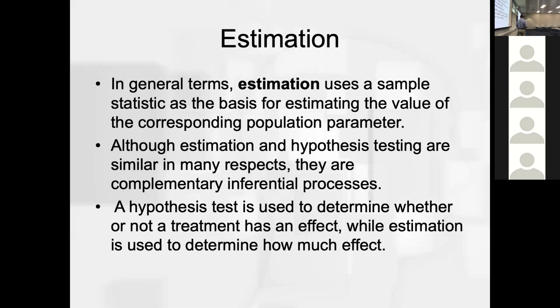So in general terms, estimation uses a sample statistic as the basis for estimating the value of the corresponding population parameter. Although estimation and hypothesis testing are similar in many respects, we actually use them complementarily, right?